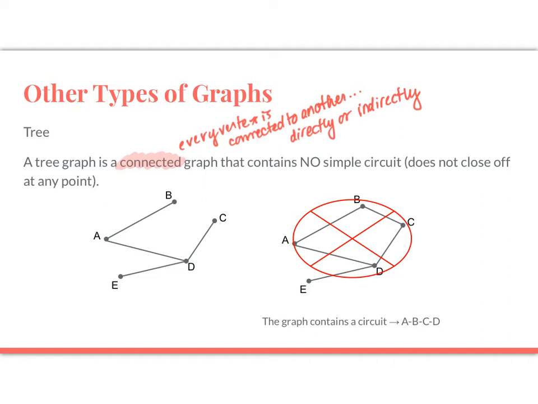The other condition for a tree graph is that there's no simple circuit. So here is a simple circuit, so it cannot be a tree graph. If we took away any one of those edges, for example AB, then we would end up with a different tree graph from the first one that you saw.